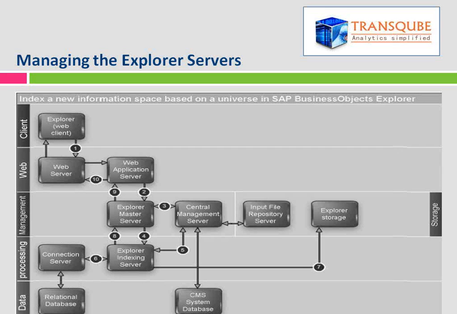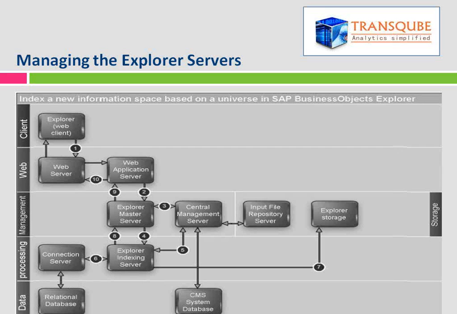If you notice this whole idea, without us realizing it, the moment it calls a universe, the universe internally calls a connection server. Right? A connection server again internally connects to the relational database management system. It does a request-response processing and procures the data.